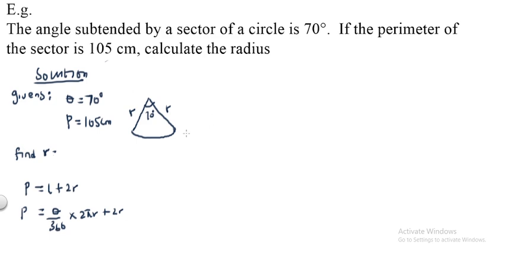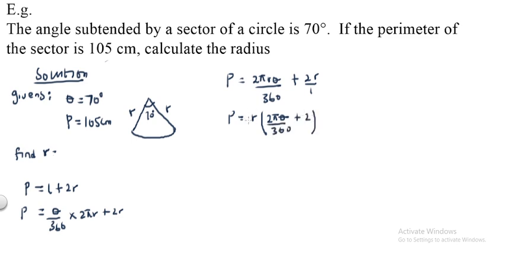Now we know that this can be simplified as P is equal to 2 pi R theta over 360 plus 2R over 1. You can factorize R from here so that we have P is equal to R open bracket 2 pi theta over 360 plus 2.